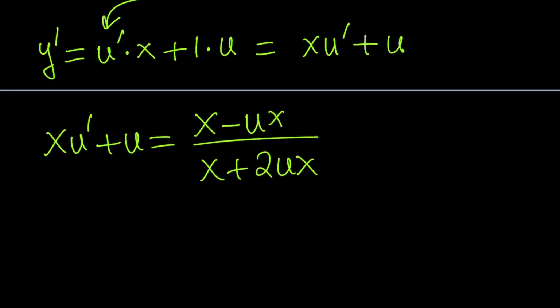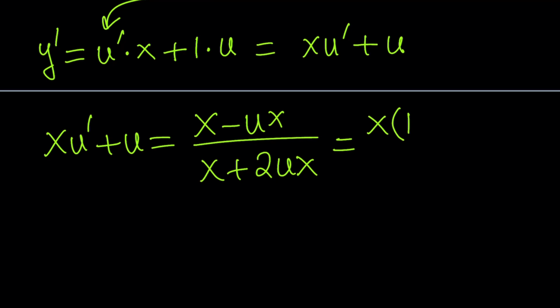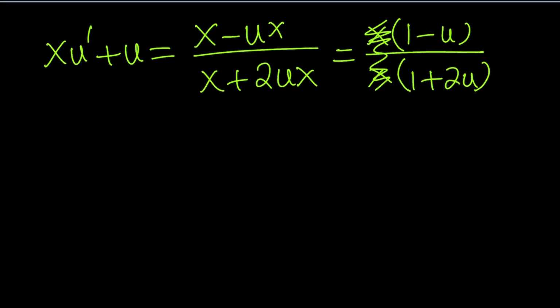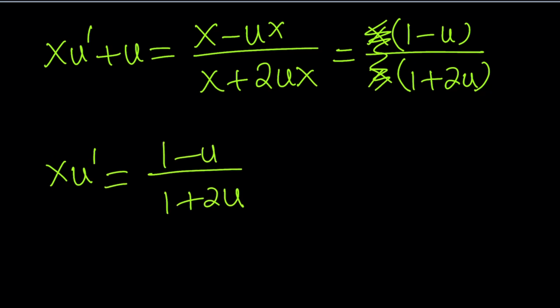Okay. So here again, if x does not equal 0, we can go ahead and factor it out and cancel it. So x times (1 minus u) divided by x times (1 plus 2u). X cancels out. We end up with this. Let's go ahead and subtract u from both sides. So we get x u prime equals (1 minus u) divided by (1 plus 2u) minus u.